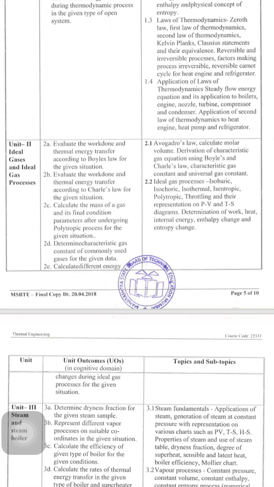Finally, we have to determine the work, heat, internal energy, enthalpy change and the entropy change of all the processes. And finally, we have to practice some numericals on all these ideal gas processes: isobaric process, isochoric process, isothermal process, isentropic process and the polytropic process.